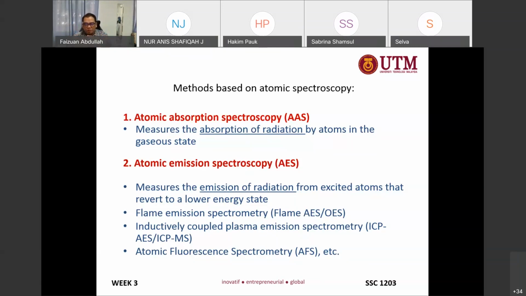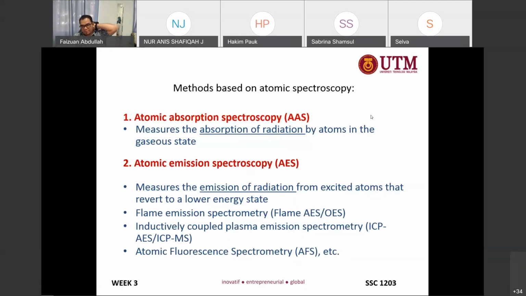As you can guess, between AAS and AES, which instrument is more expensive? Your idea? AAS, right? Of course.